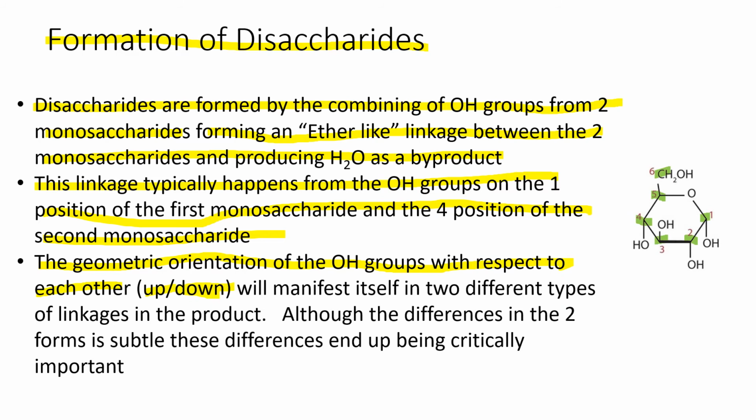What will happen with this is this will manifest itself in two different types of linkages in that product. You're going to see that the differences in these two forms is very subtle. But this subtle difference is critically important, so it's something we're going to have to pay special attention to.